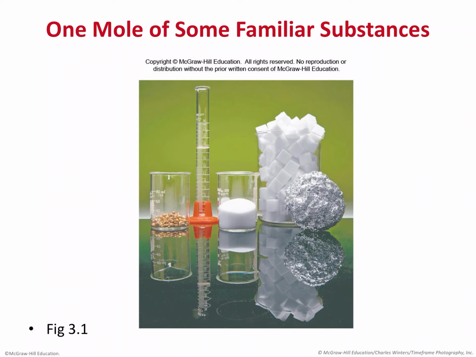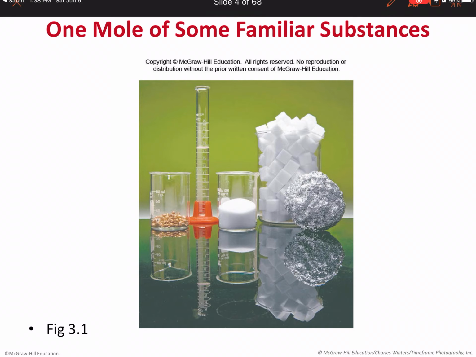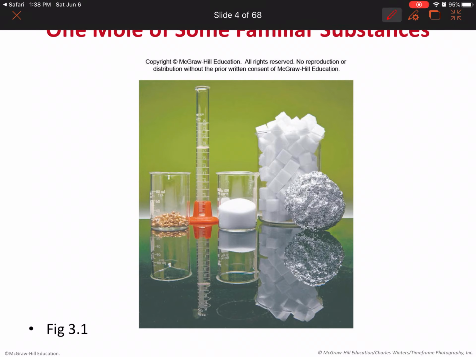And then you have a graduated cylinder, and inside the graduated cylinder you have water. So water is H2O. Now what is the mass of one mole of water? There are two hydrogens. Each hydrogen is 1.008 and there are two of those.